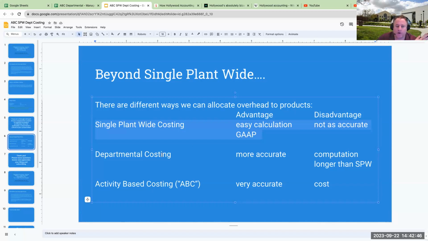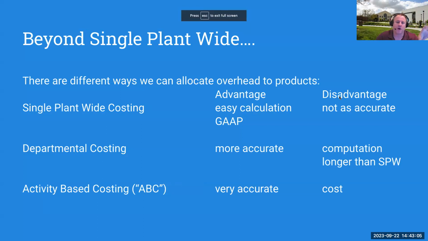The next one is departmental. With single plant-wide, we're basically taking the total amount of the overhead, dividing it by one factor, and then making the allocation. In departmental, there's one department, which might be manufacturing, a second, which might be finishing, and a third department, which is support.